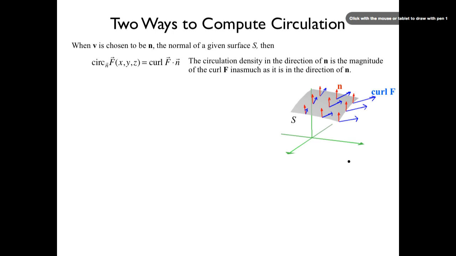Better late than never. Okay, so this blue vector field is the curl of F. When we do the dot product, we're going to take the component of that in the direction of the normal, which I'm showing as N. So if the curl is, say, this way, can you imagine the orientation of the rotation?